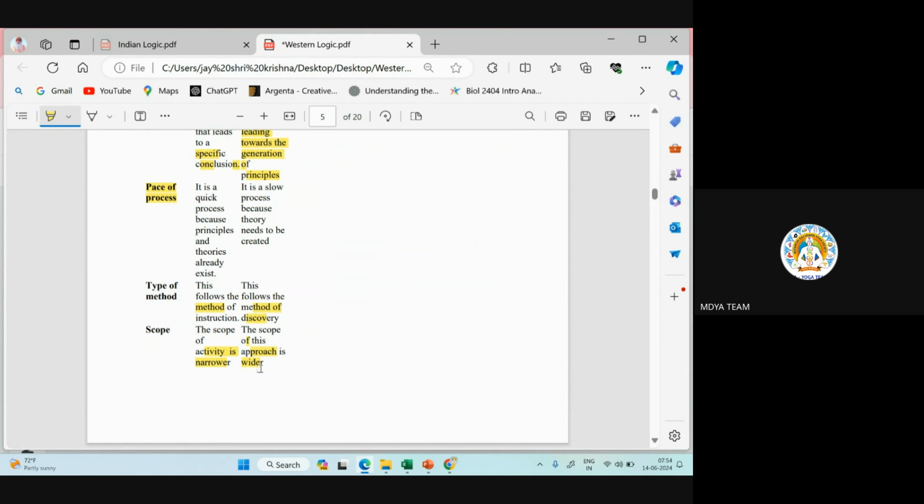Now, what does this mean? In deductive reasoning, you can't do many things. There is just a rule, and you just need to apply that rule. The scope is not that wide. But in inductive reasoning, there are a few things happening around you. You are free to come to any conclusion based on the pattern you are seeing.